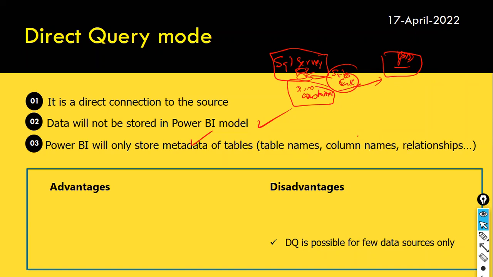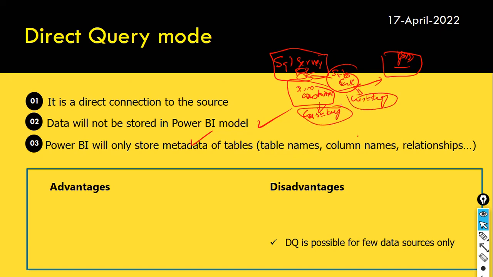So you know what metadata is now, right? In this case, not only the table name and column name get imported, but the metadata along with the relationship. Between the customer table and sales fact table, there is a column called customer key. In this table you have customer key, and here you have customer key.